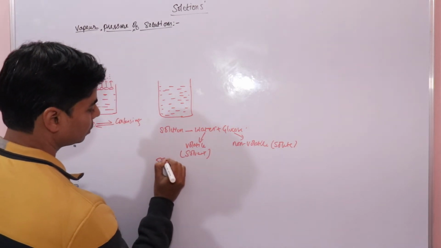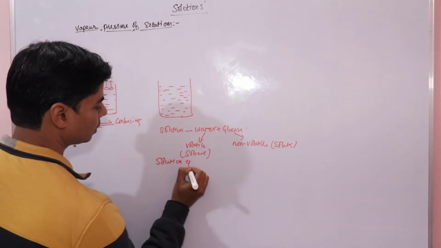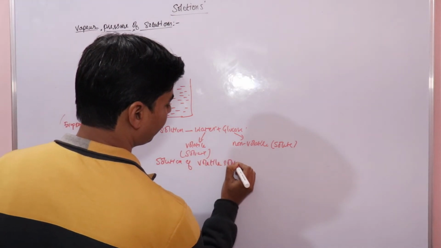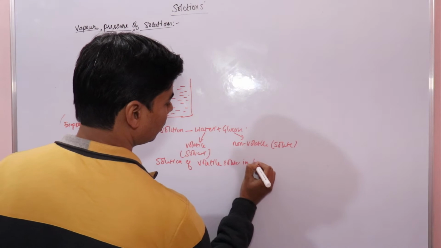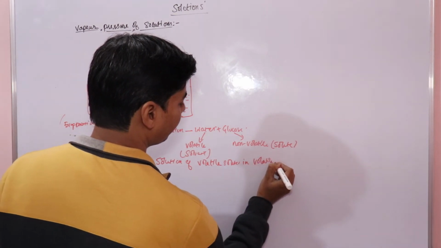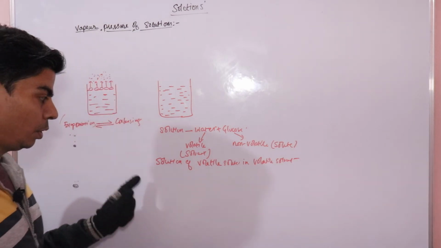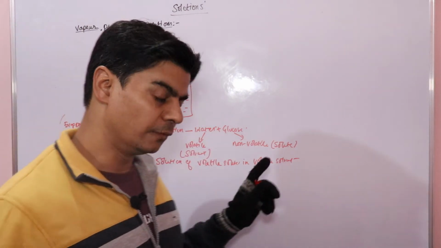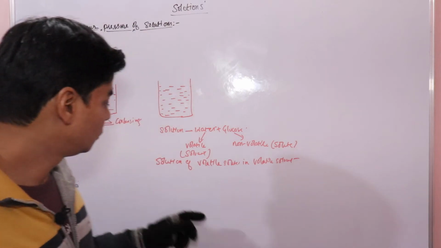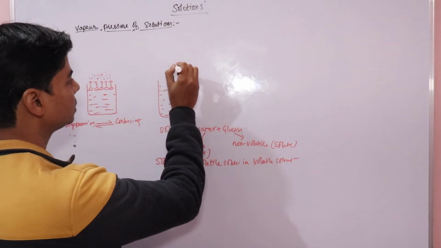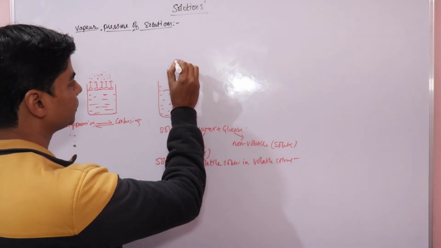This is your solution of a non-volatile solute, which is glucose, in a volatile solvent. So the vapors above this liquid surface would only be of water.